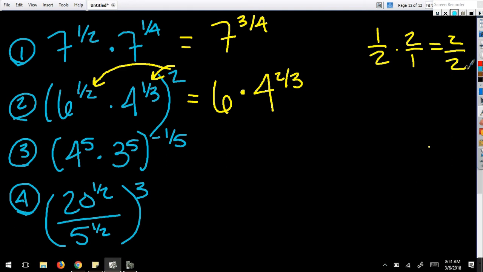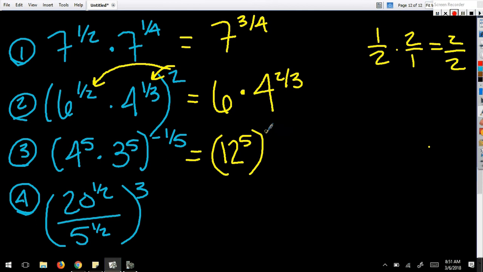Look at number 3. Same thing. If you notice inside the parentheses here, they both have the same exponent. So I can kind of go backwards on that property and say, they both have the same exponent, so I can combine the base there.